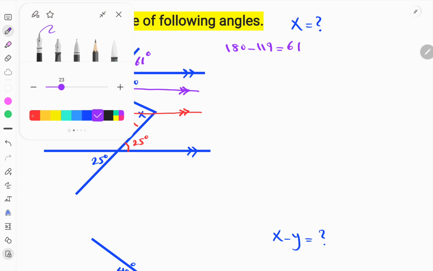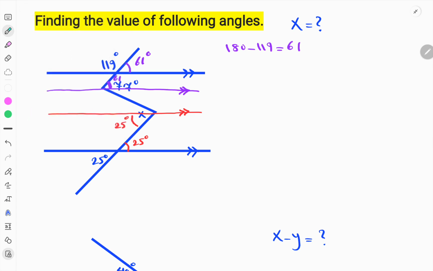And now we can find this part of angle, which is 77 degrees minus 61. That gives you 16 degrees for this part.